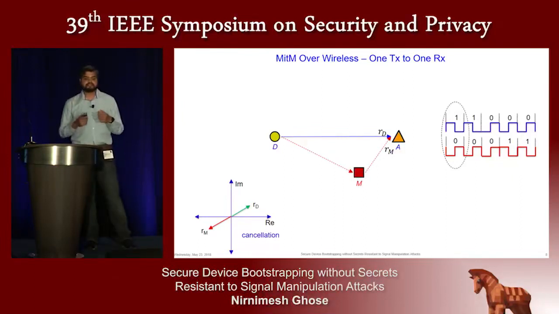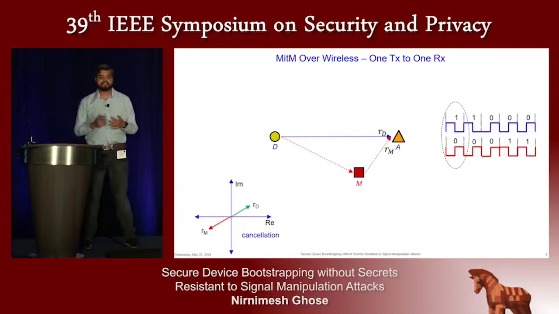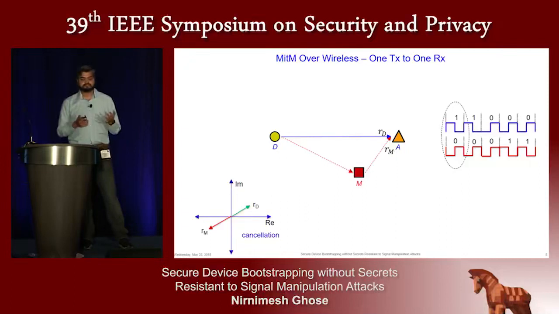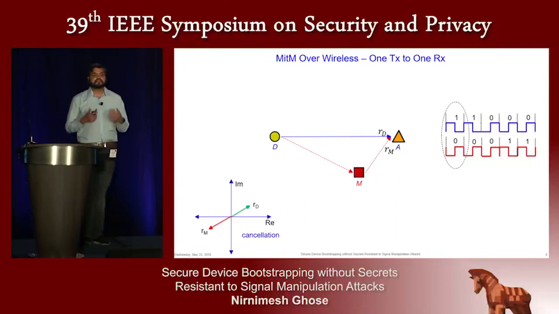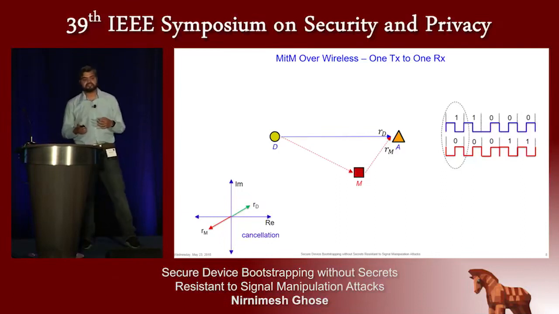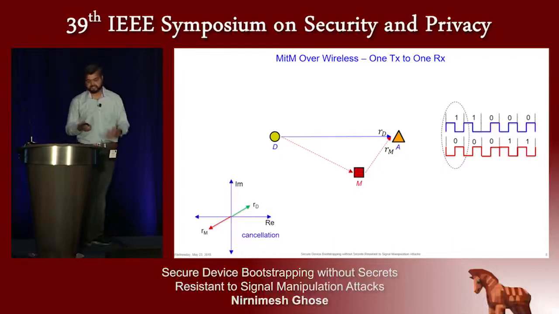But since to inject energy, D transmits random signals, the adversary cannot know these signals in advance. So to perform this attack, the adversary will have to receive the signal from D and inject a signal such that RM is received at opposite phase of RD.